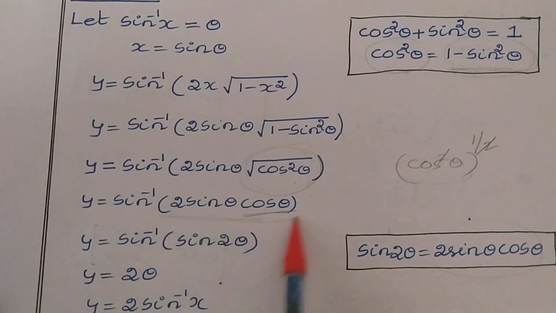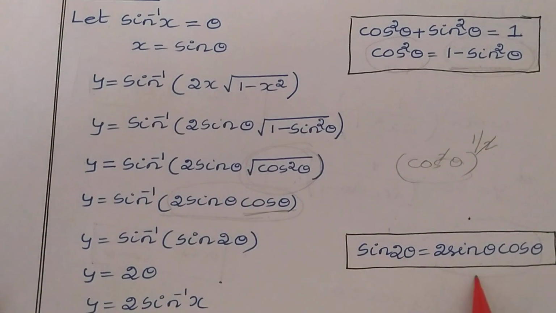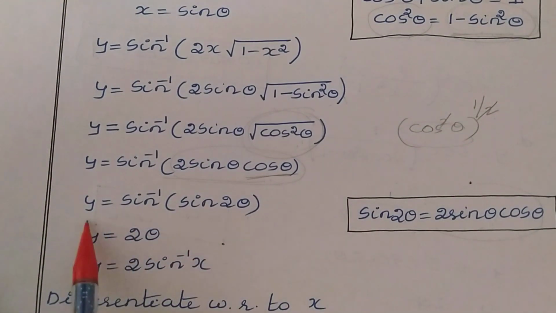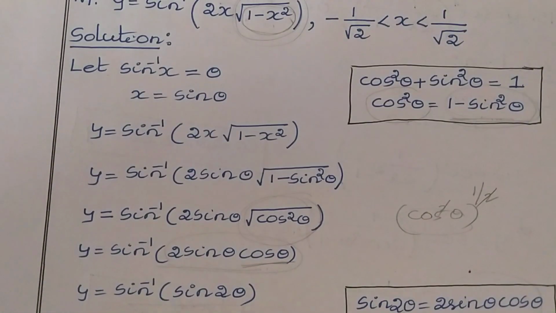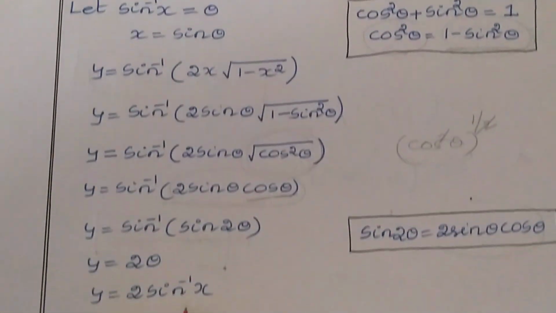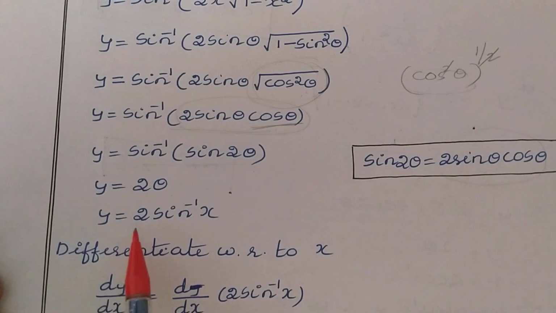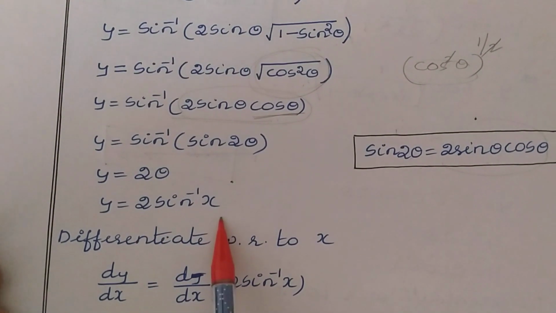That means this entire thing I am replacing as sine 2 theta by using this formula. Now we have sine inverse sine 2 theta. Now from the inverse trigonometric function we can write this directly as 2 theta, and theta we have taken sine inverse x, just put that: y is equal to 2 sine inverse x.